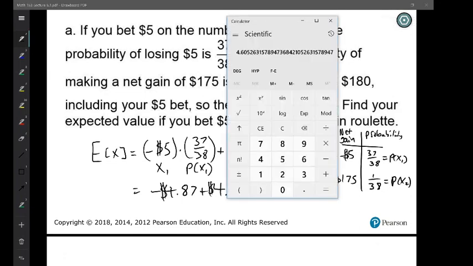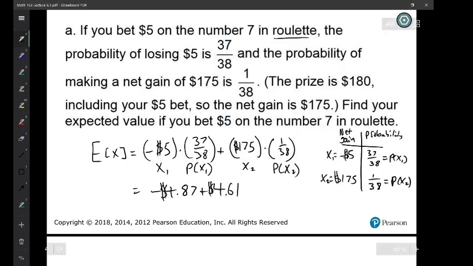So 4.61 minus 4.87 is negative 0.26 dollars. So minus 26 cents is the expected outcome.